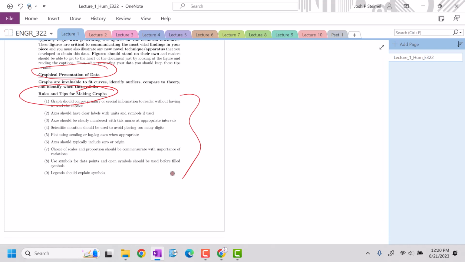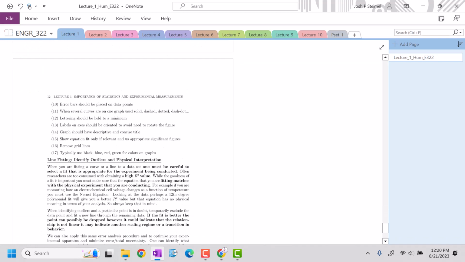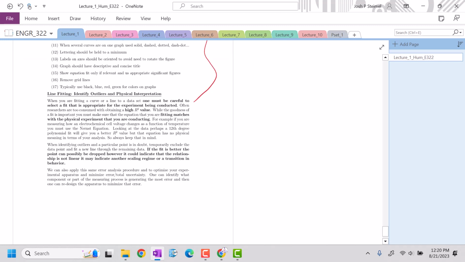We want very detailed legends and captions, and the figure should be able to be understood without even reading the caption. We want very clear colors and different symbols and colors that indicate different types of experimental measurements. We need error bars. Minimize the lettering. No figure title is required. No grid lines. Stick with these color palettes if you can, for the most part.